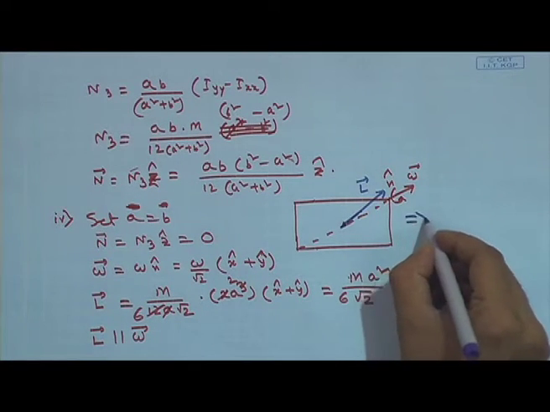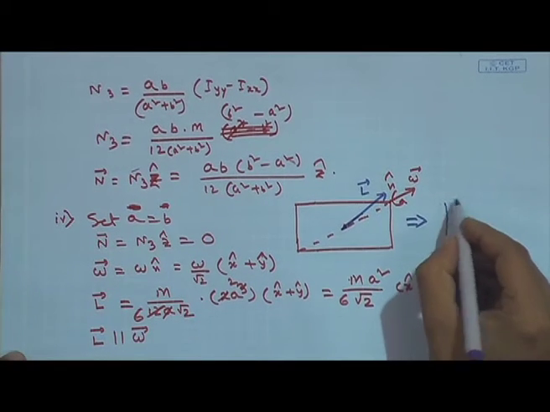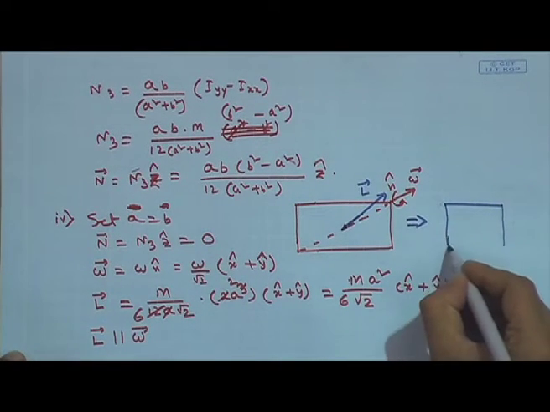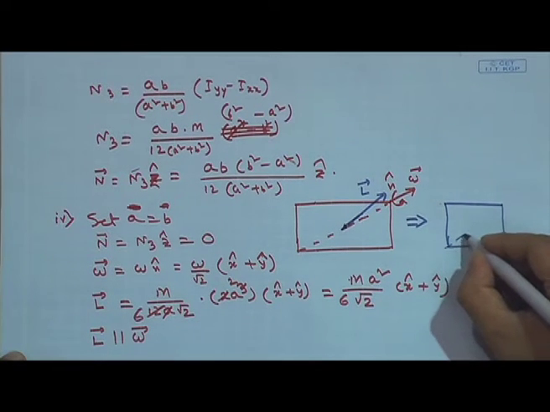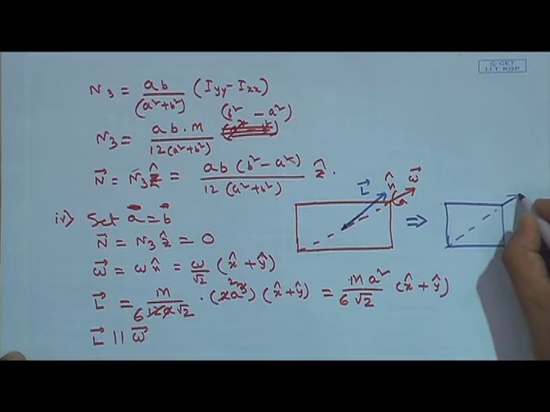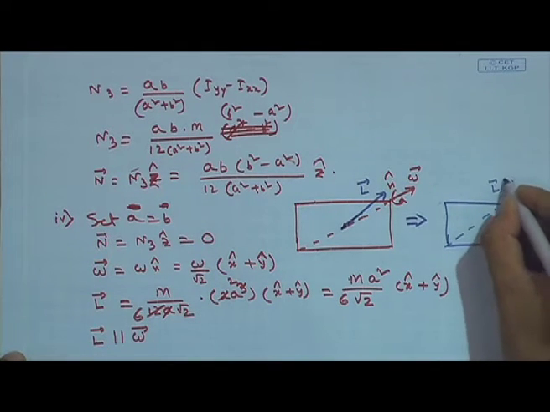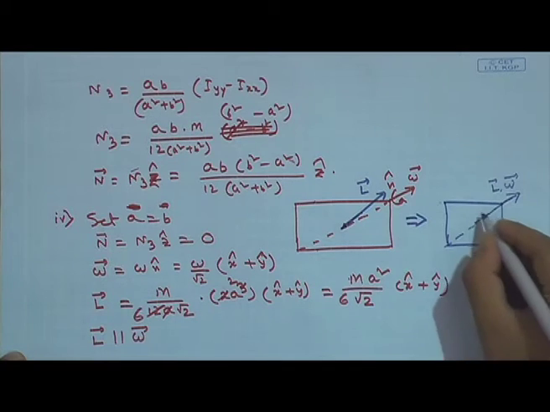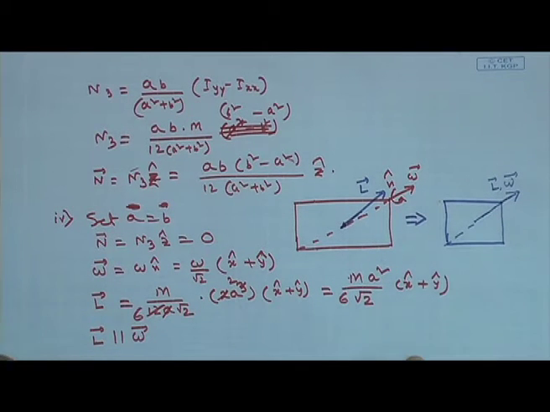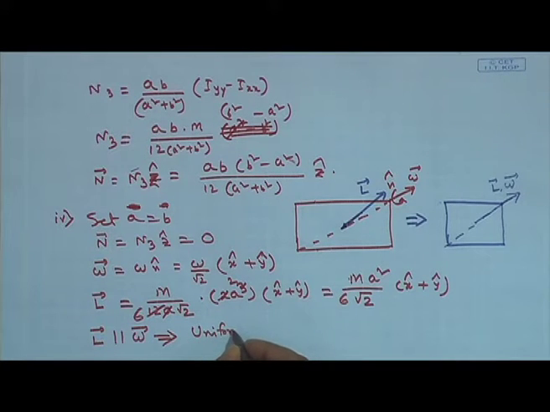Now from here, when we move to a case where we have a square plate, then L and omega follow the same direction, and the torque required for this rotation vanishes. So if we compare it with the result we got in our previous identity, this is the situation of uniform rotation of a rigid body.